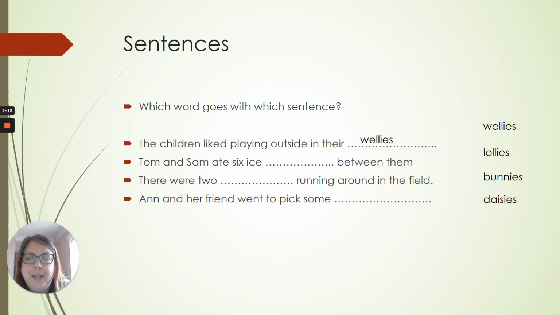Tom and Sam ate 6 ice lollies between them. Yeah, it sounds a bit like we could have eaten 6 ice creams, doesn't it? But that wouldn't have been one of our words from our rules. There were 2 something running around in the field. 2 bunnies running around in the field. And Anne and her friend went to pick some daisies. Hope you did okay with that one, Nottingham.